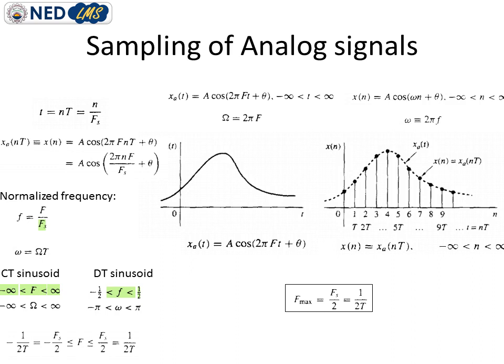And this expression also tells us the maximum value of frequency of a continuous time sinusoid that can be uniquely distinguishable. It must be equal to fs by 2, that is half of the sampling rate.